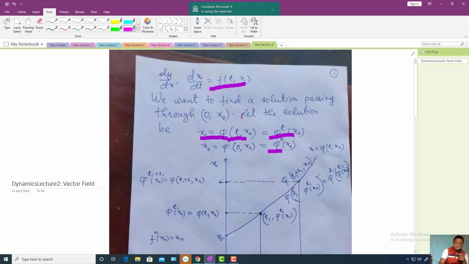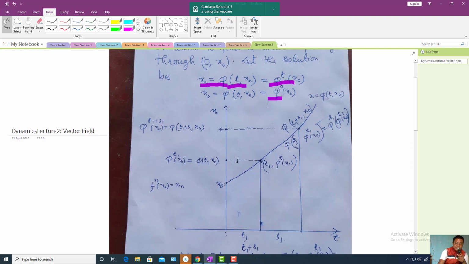All right, and then let us see, the solution is a curve in the xt plane or tx plane. This is the time axis, and this is your x-axis. For example, in the population model, x will be the population and t is the time.